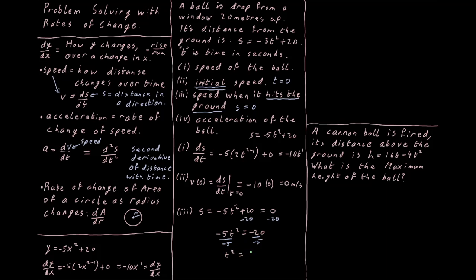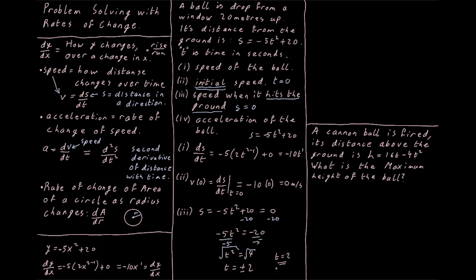So t squared ends up being 4. I take the square root of both sides, and t ends up being plus or minus 2. Now, we don't normally think about negative time, so the only time I'm interested in is the 2 seconds. So after 2 seconds, this ball is going to hit the ground.